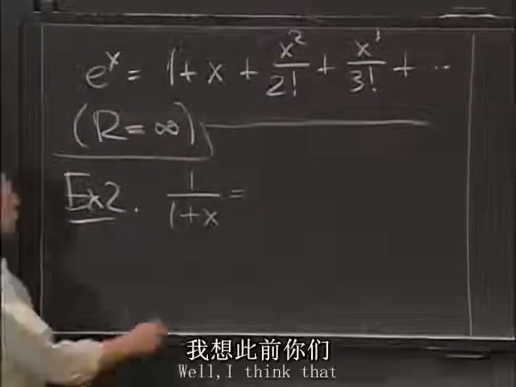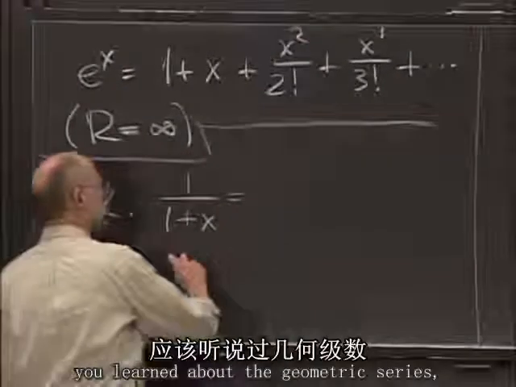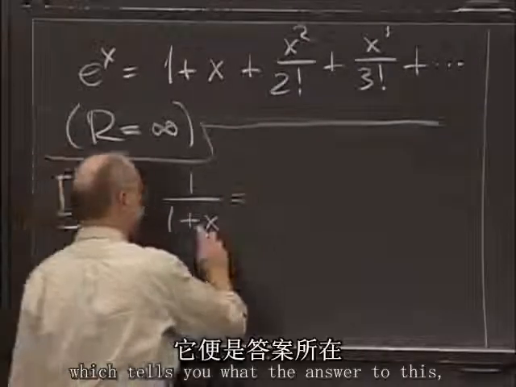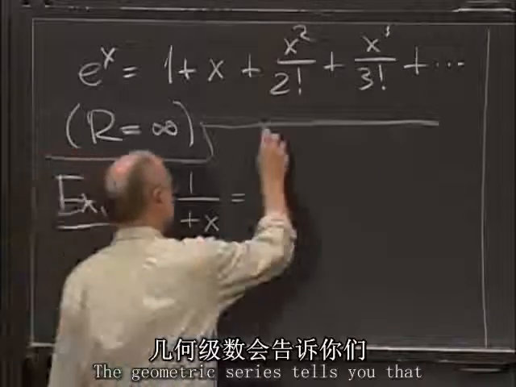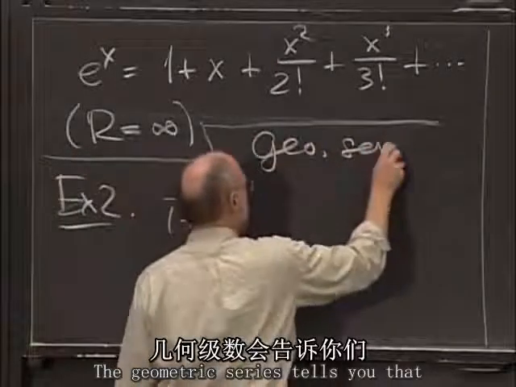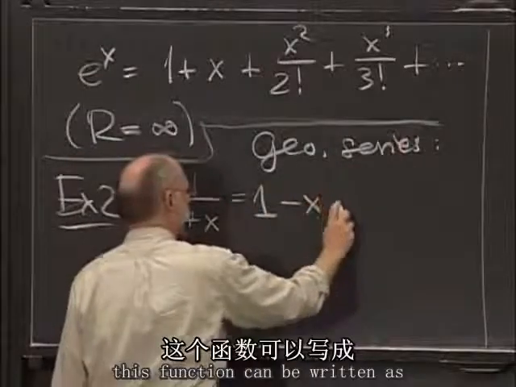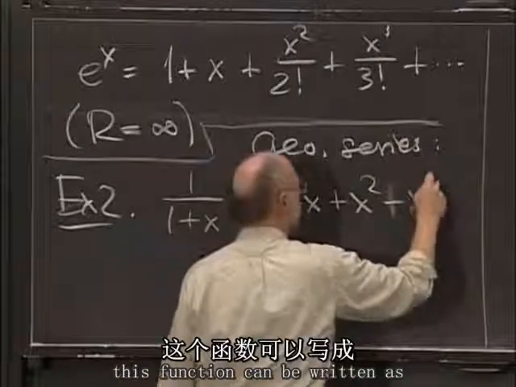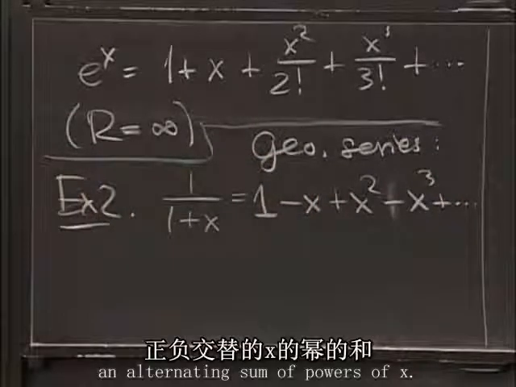Well, I think that somewhere along the line you learned about the geometric series, which tells you what the answer to this is, and I'll just write it out. The geometric series tells you that this function can be written as an alternating sum of powers of x.